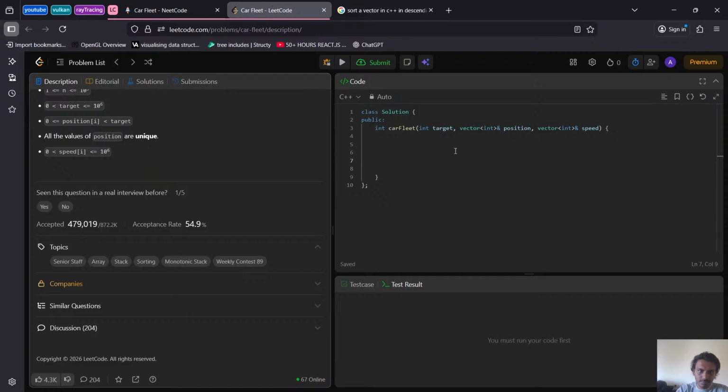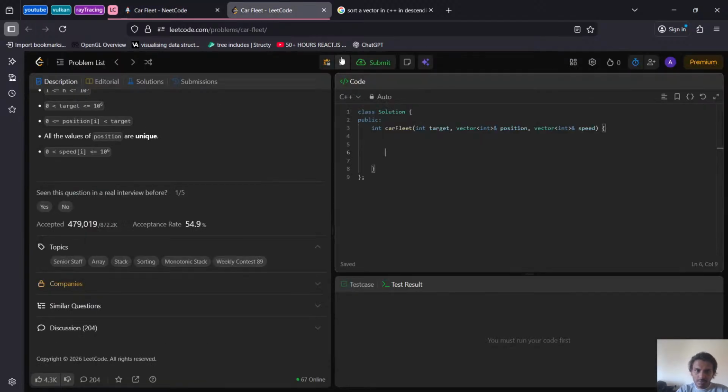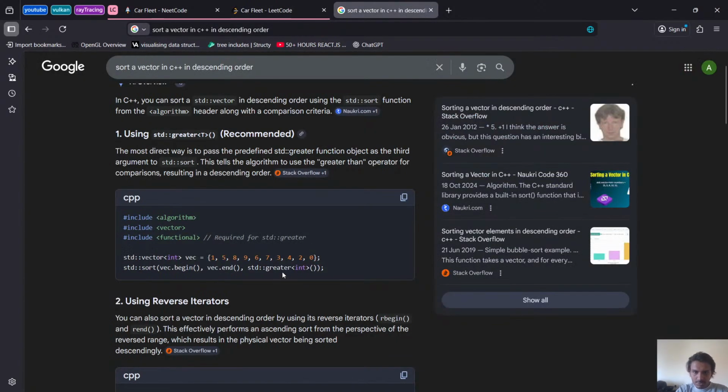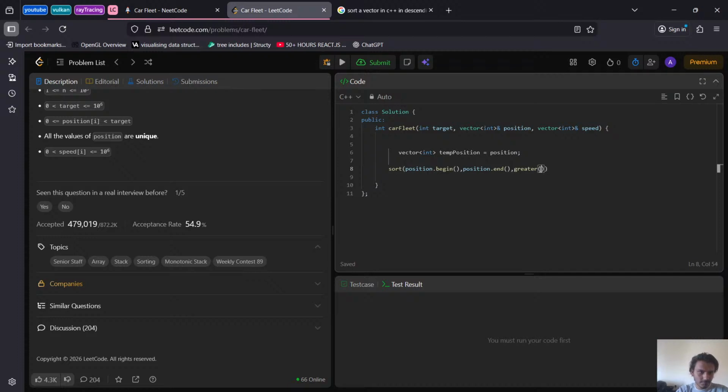Let's cut this and paste it here with the greater function. Okay, greater int. We have one sorted.